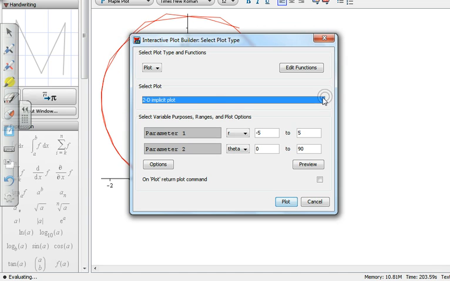Why can't I change that? 3D implicit plot.